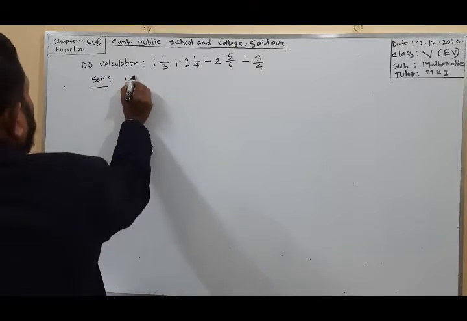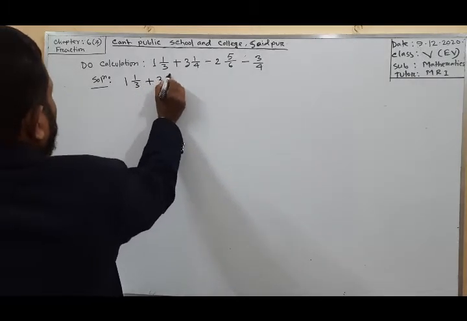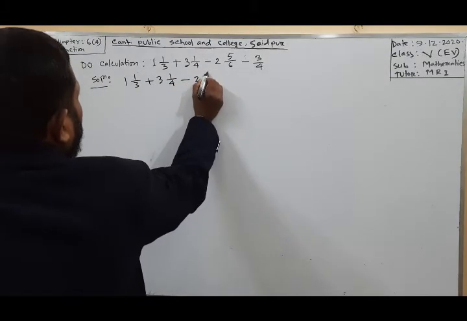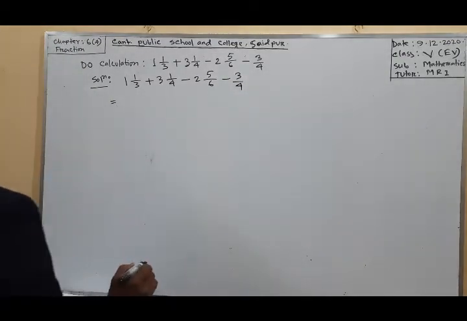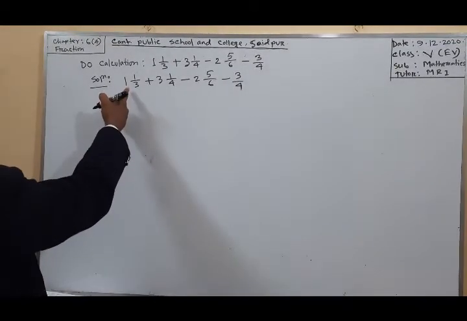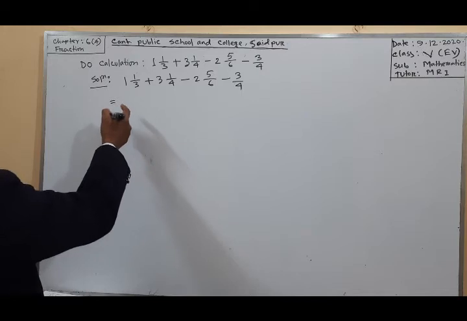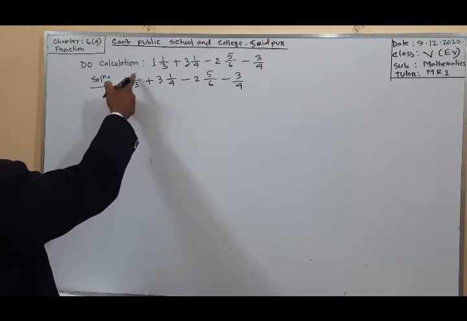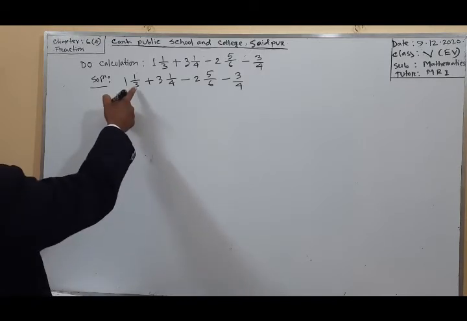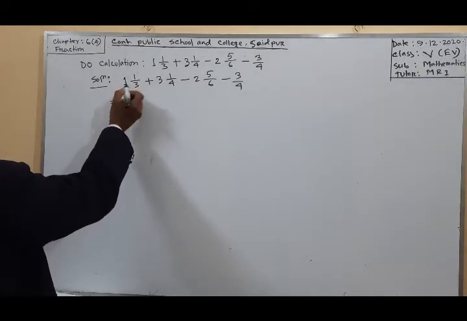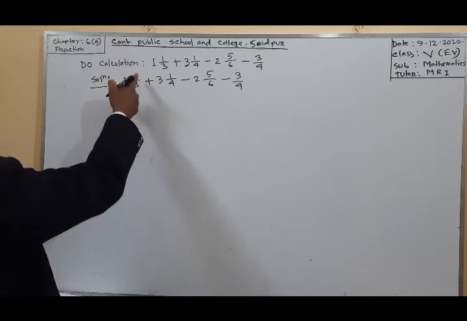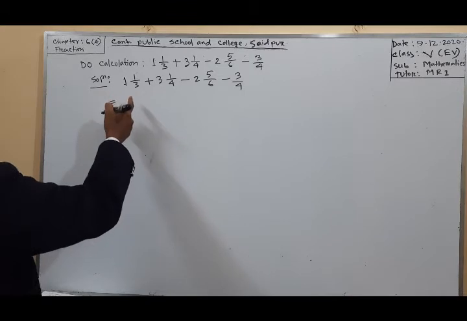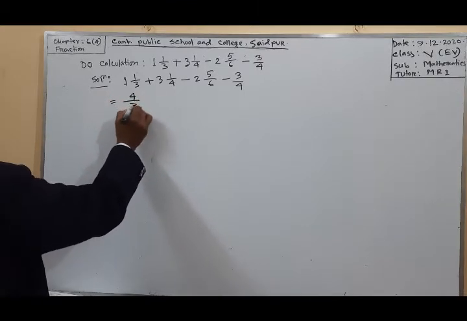Solution: 1 integer 1 by 3 plus 3 integer 1 by 4 minus 2 integer 5 by 6 minus 3 by 4. First, I will convert these mixed fractions to improper fractions. Here in 1 integer 1 by 3, the denominator is 3. This 3 multiplied by integer 1 is 3, then add the numerator 1. 3 plus 1 will be 4 by 3.